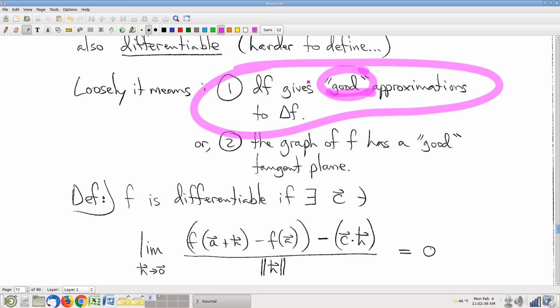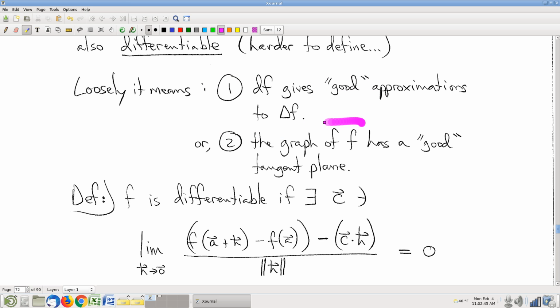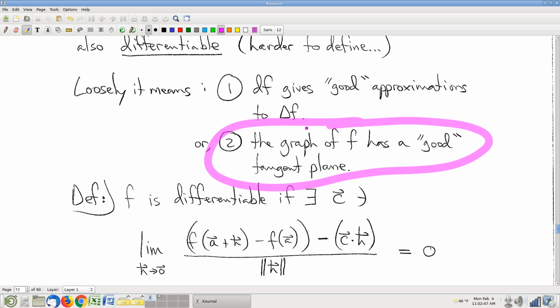Here's a different way of saying the same thing. Keep in mind, the linear approximation formula was the function whose graph is the tangent plane. Well, another way to say that same thing is that when you use your linear approximation to find your tangent plane, this is in fact a good tangent plane.